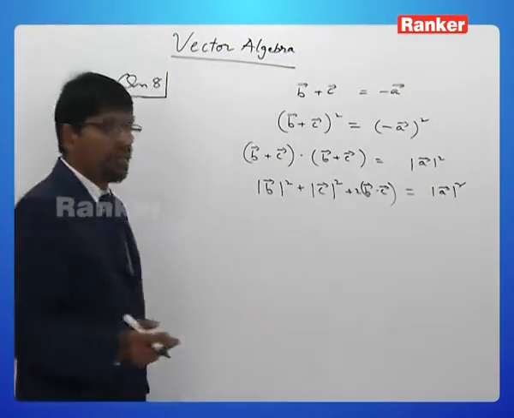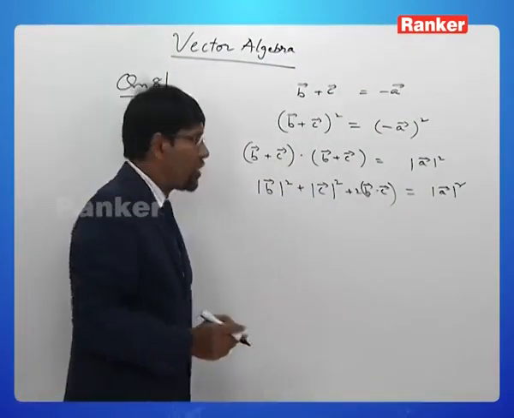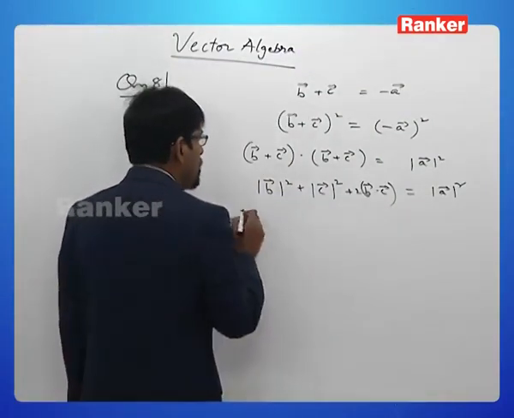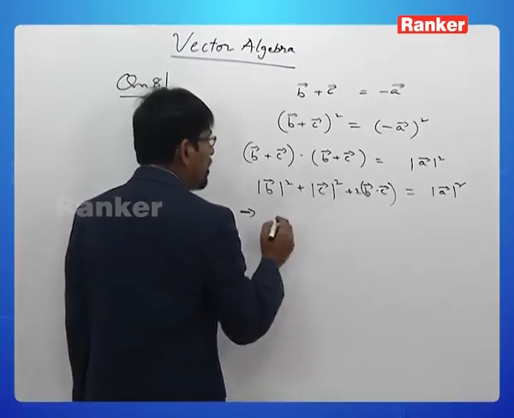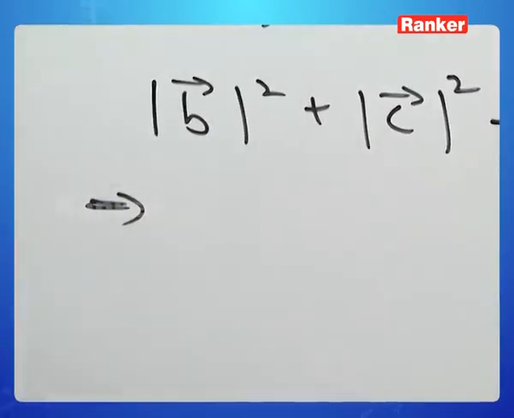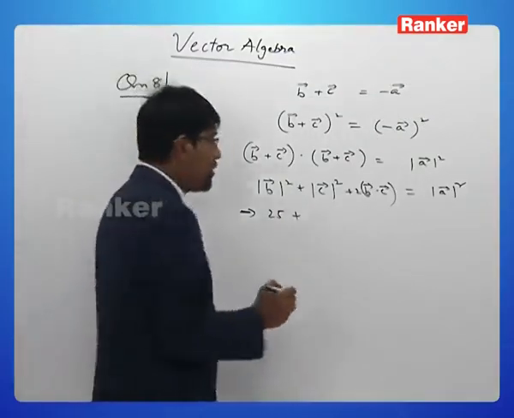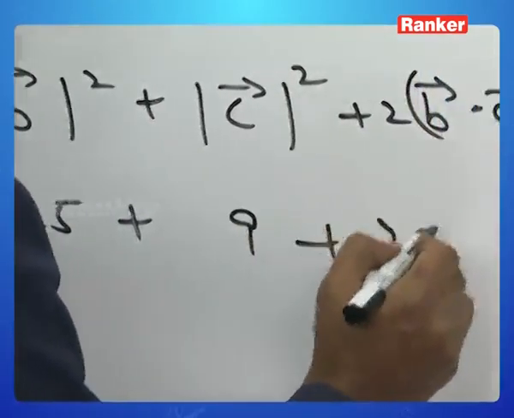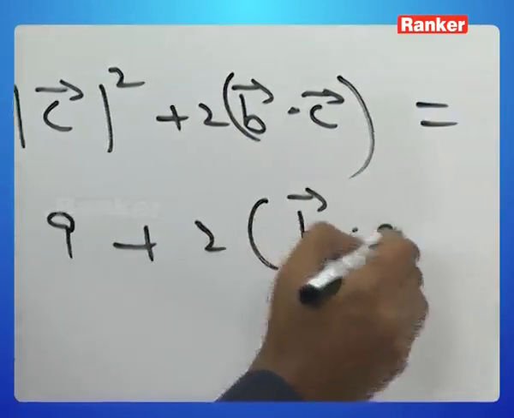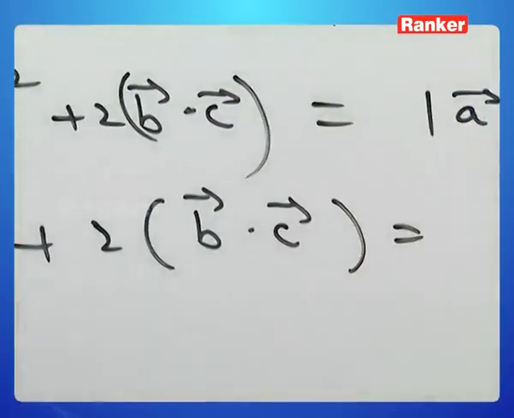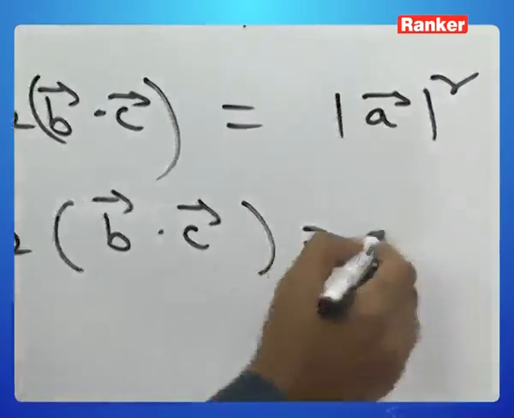Now let's substitute the values here and get the value of b dot c. So what is that? From here, magnitude of b square is 25, magnitude of c square is 9 plus 2 into b dot c is equal to magnitude of a square is 49.